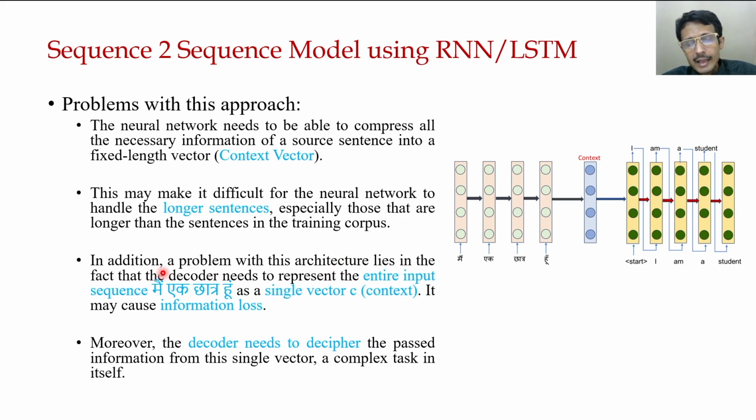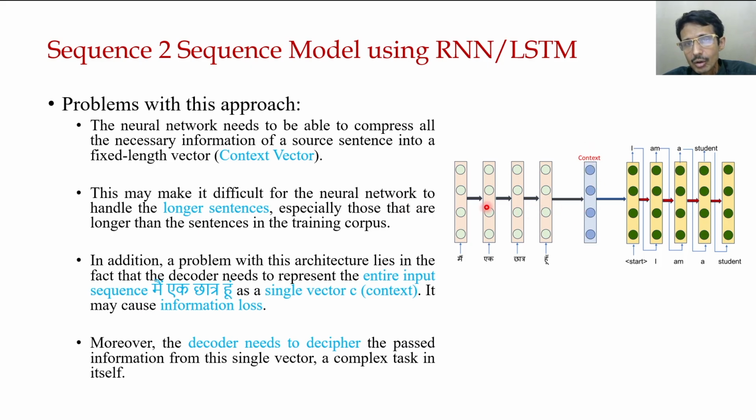Another problem is that in this architecture the decoder needs to represent the entire input sequence, that is, "मैं एक छात्र हूँ", in a single context vector C. So it is very much possible that it causes information loss, because this is a single vector.